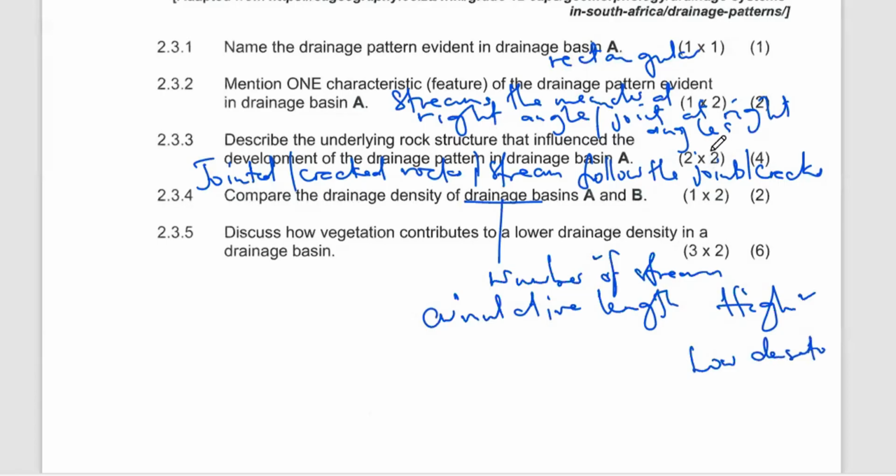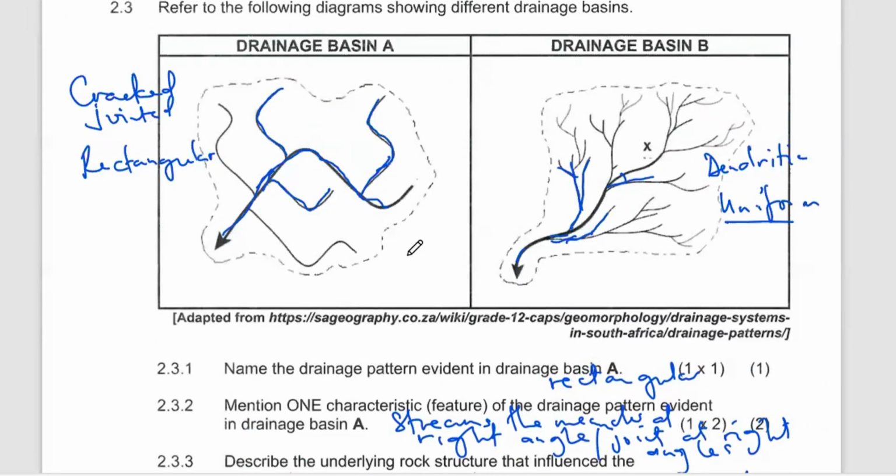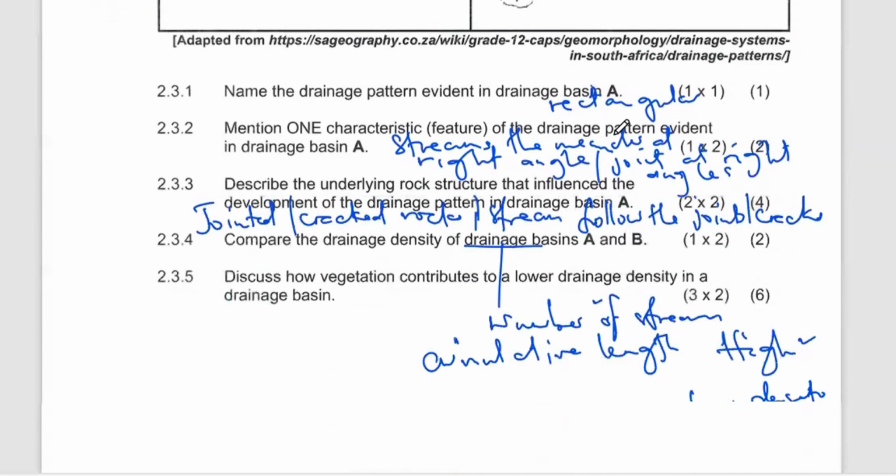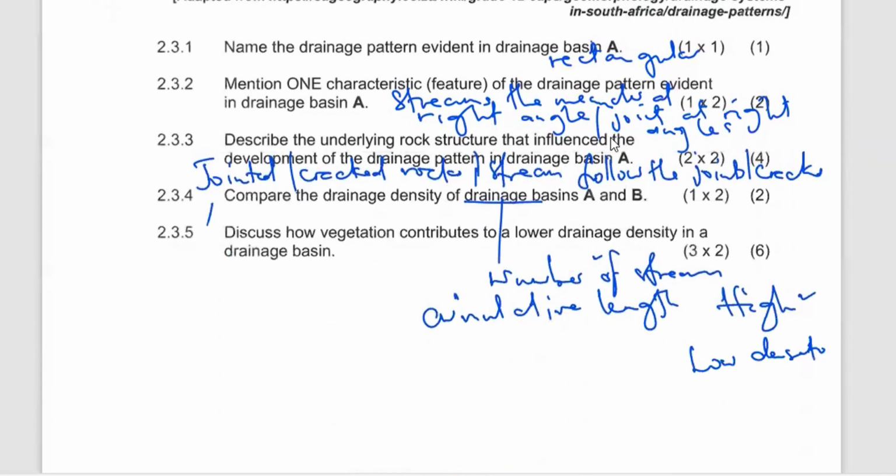So going back to our two drainage basins, if we try to check here and here, we tend to find that we have many streams here. Or if we were to add up the streams to get one length, we're going to get a longer length in drainage basin B. So if we are comparing, we are saying A has lesser density than B, or B has got higher density compared to A. That is basically the comparison.